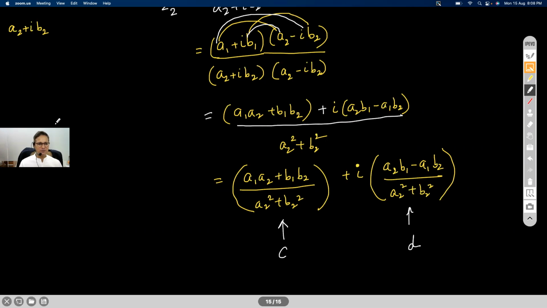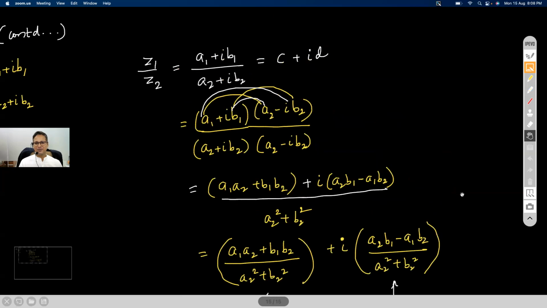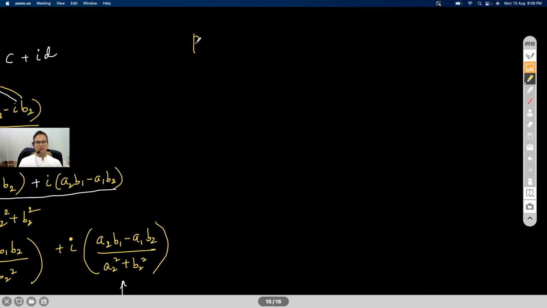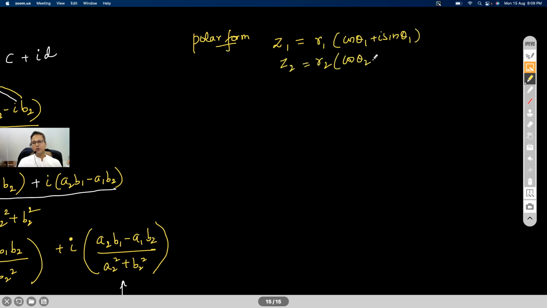Shall I go to polar form? Okay. So if I do the same operation by choosing the polar forms of z1 and z2, let's say the polar form of z1 was r1 (cos theta1 + i sin theta1) and z2 was r2 (cos theta2 + i sin theta2).